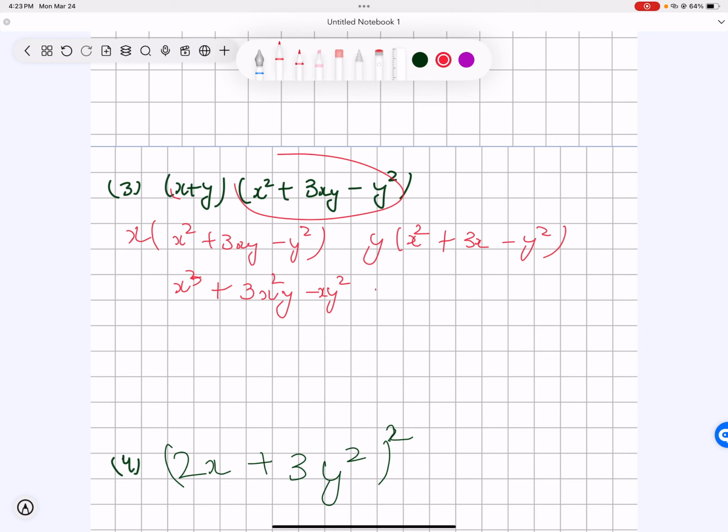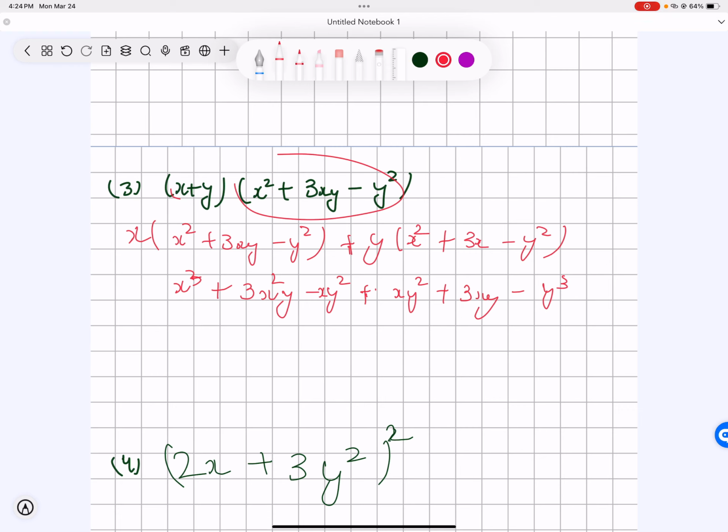And then for the y, I have a plus sign, x y squared, and then plus 3xy squared, and then minus y cubed.